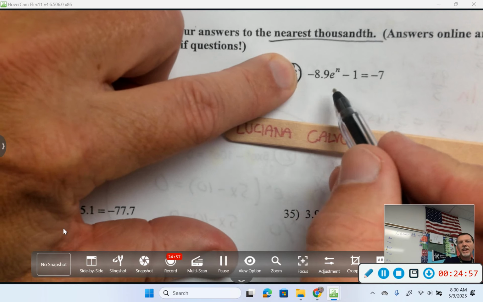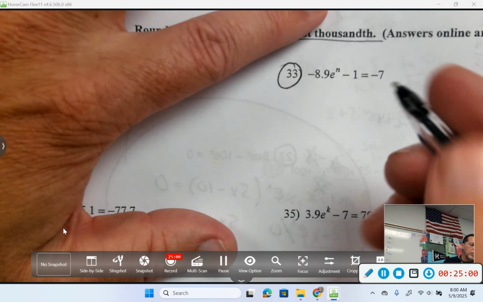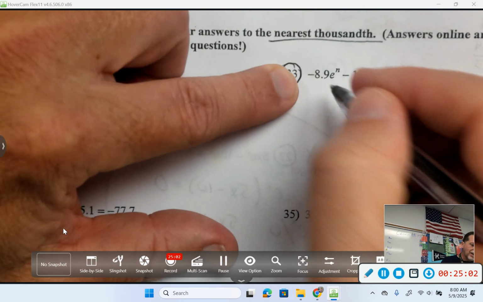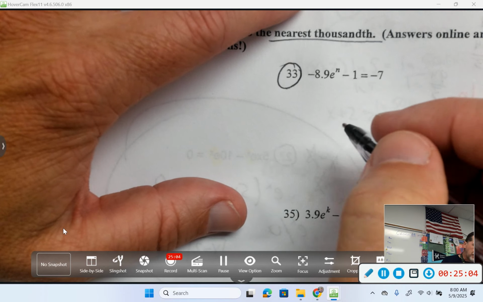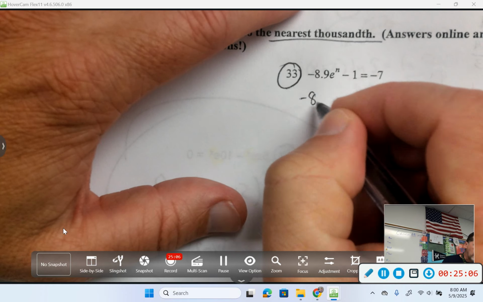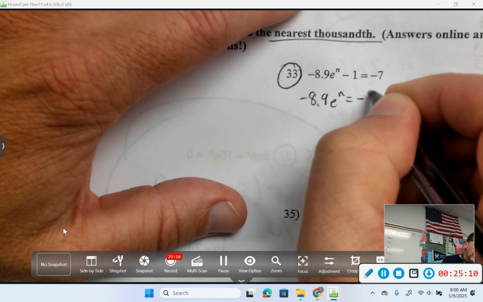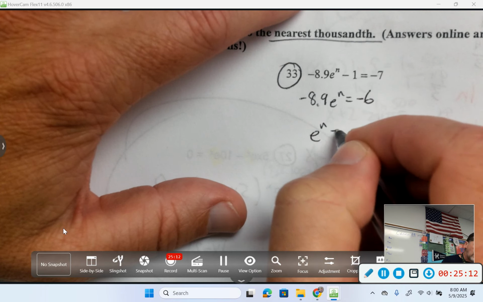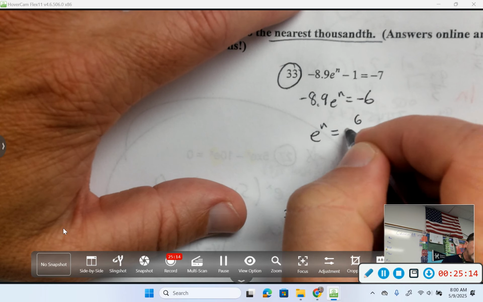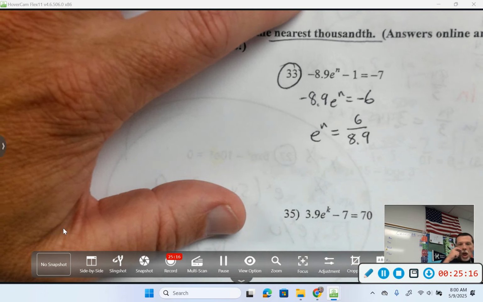It's divided by negative 8.9. So that will accomplish making it both positive and get the e to the n by itself. Okay, that was a lot of things. I probably should write a step down here. So add 1, that gets me to negative 6. E to the n equals 6 over 8.9.